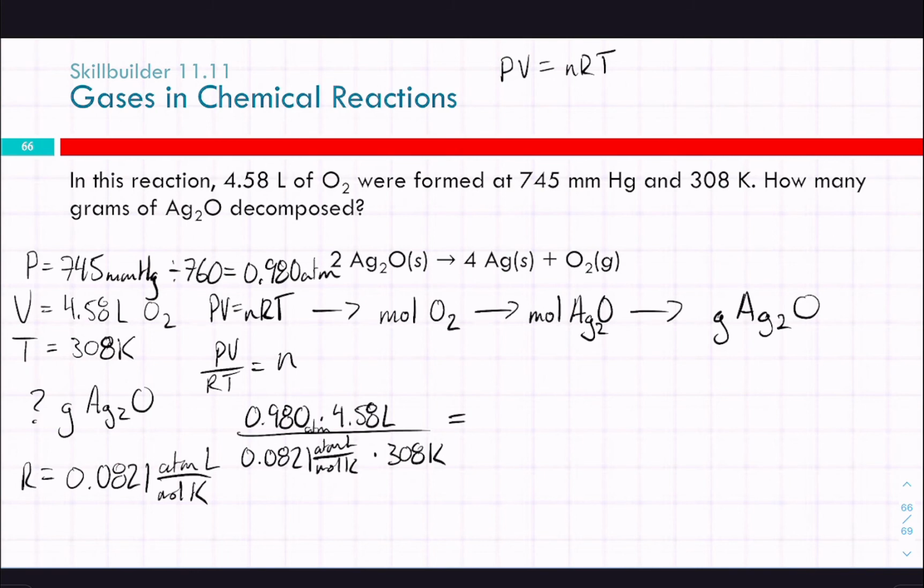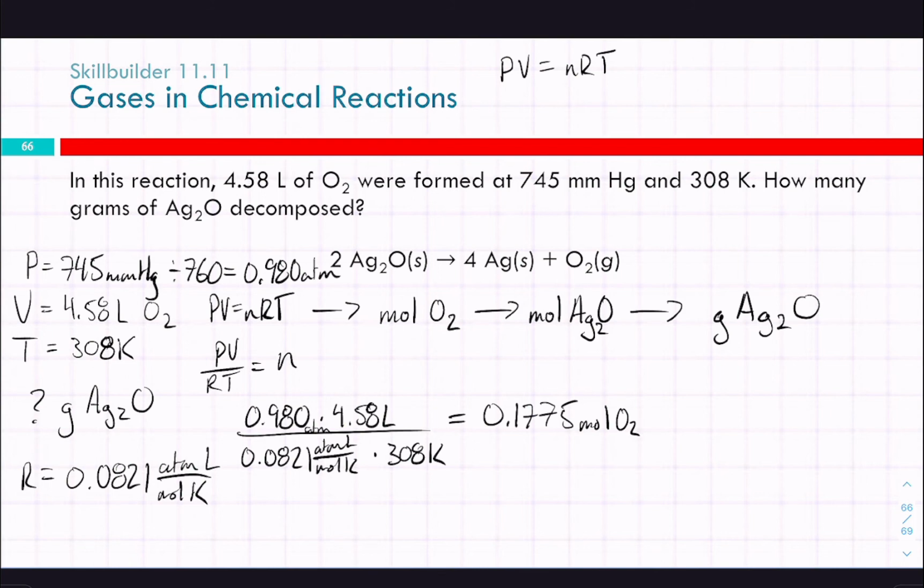So 0.98 times 4.58 divided by 0.0821 divided by 308 means we have 0.1775 moles of O2.